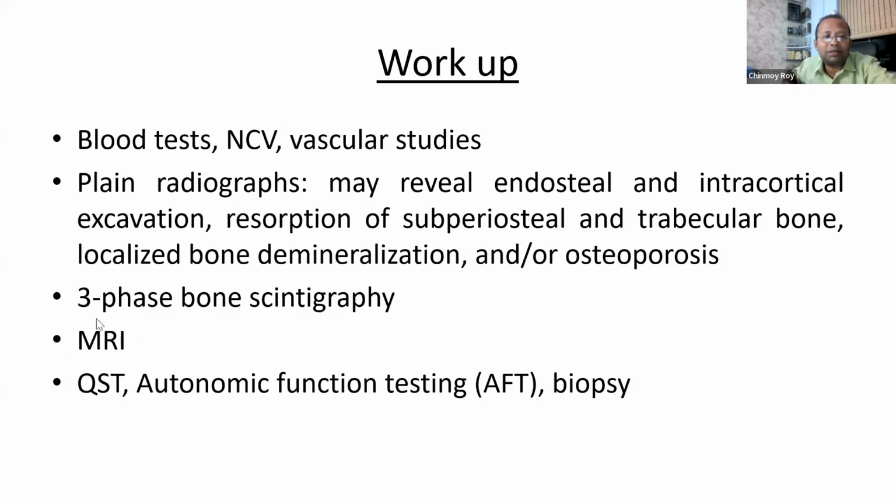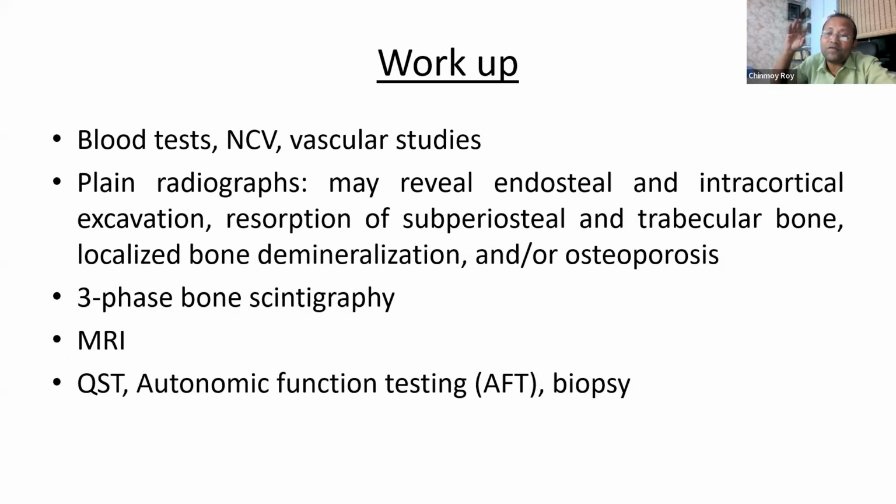Then comes MRI. So MRI also, this osteoporosis and all can be seen. Then other things in experimental setups like QST, quantitative sensory testing, autonomic function testing, and biopsy. Biopsy, of course, is not done, but these can be done in an experimental setting to get a positive clue towards CRPS.